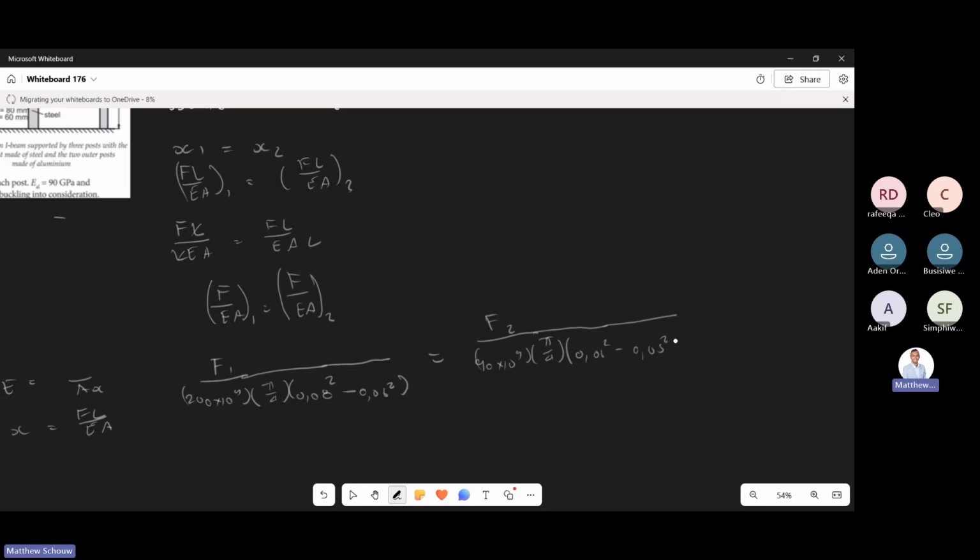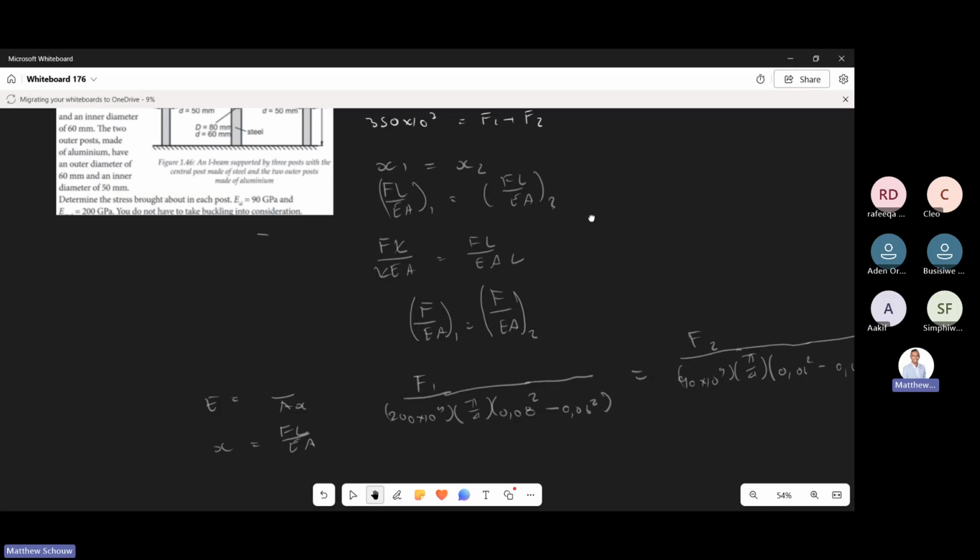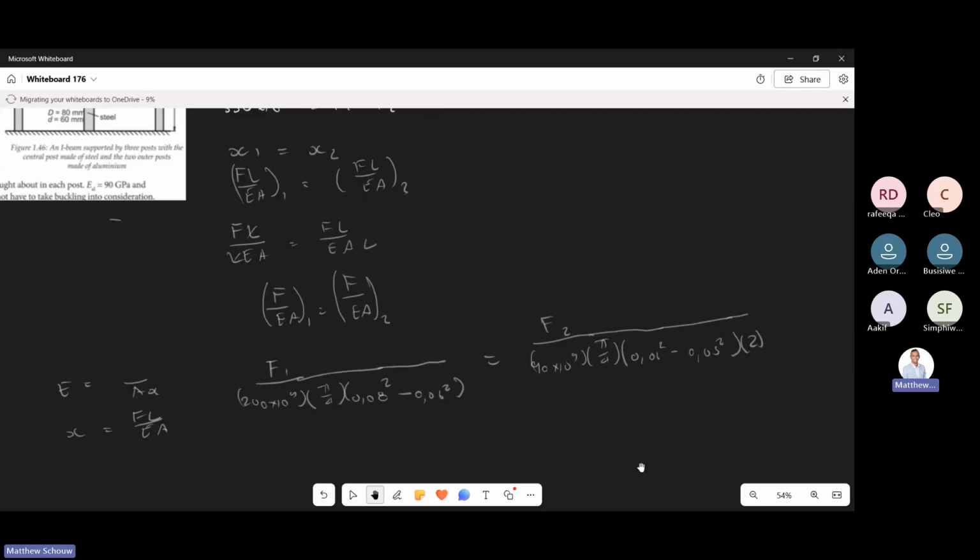However, now what we're going to do, we're going to times this by 2. Why are we timesing it by 2? Because we have 1 aluminium over here and another aluminium over here. You could have not timesed it by 2, you could have added another force here, but it's completely unnecessary. So we have 2 times the area of aluminium, hence we do that.